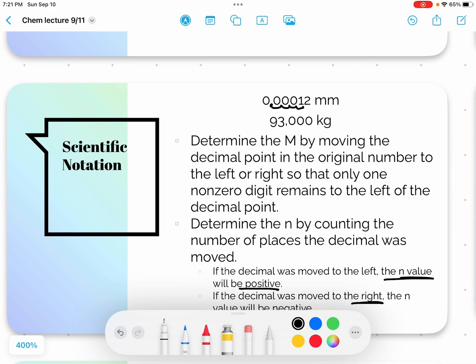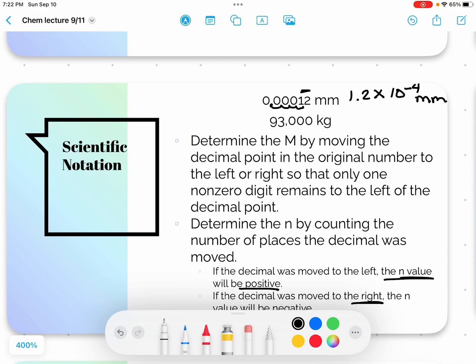My answer would be 1.2, because these zeros in the front are not significant, so we do not need to count them. It would be 1.2, because these are our only two sig figs, times 10. I moved it 1, 2, 3, 4 places to the right, so it's going to be a negative 4. So it'll be 1.2 times 10 to the negative 4th millimeters.